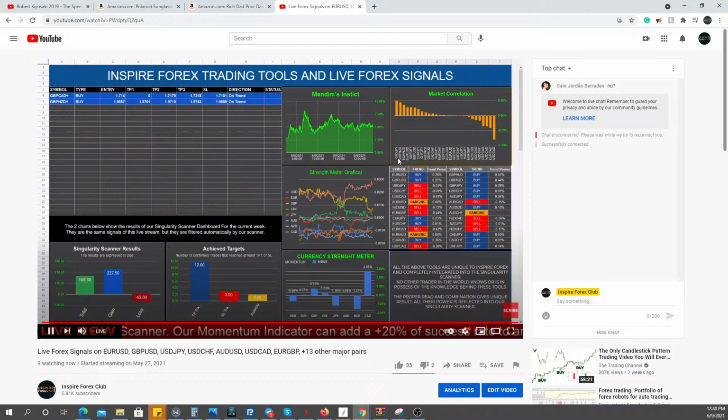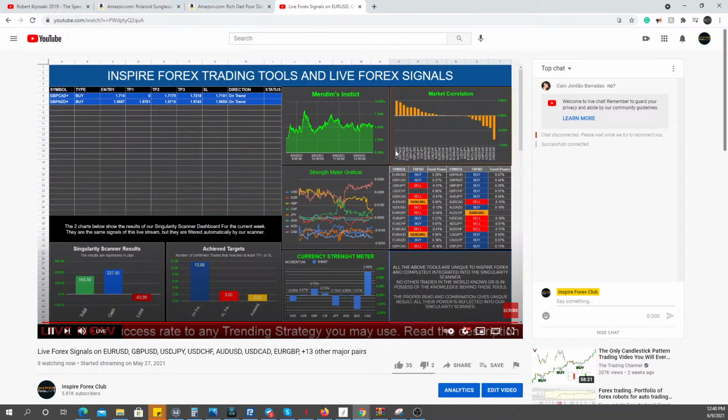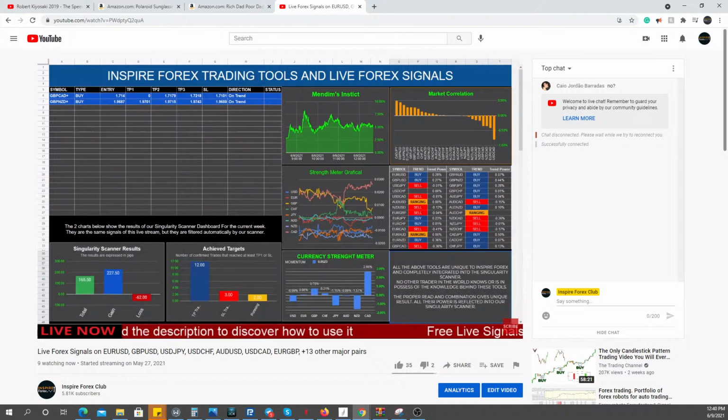So if CAD/JPY is in buy and is performing better than every other pair, USD/CAD is in sell and it's performing better than any other pair. So if you are trading USD/CAD in buy, then you can trade USD/CAD in sell at the same time. Why? Because it is called an inverse correlation, or negative correlation.